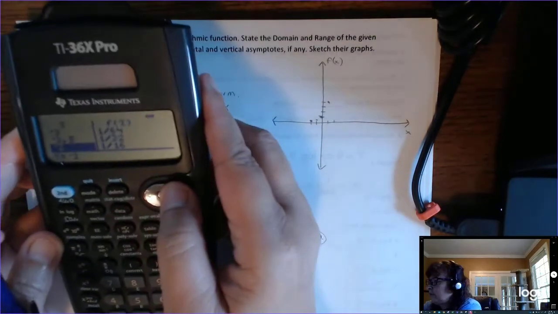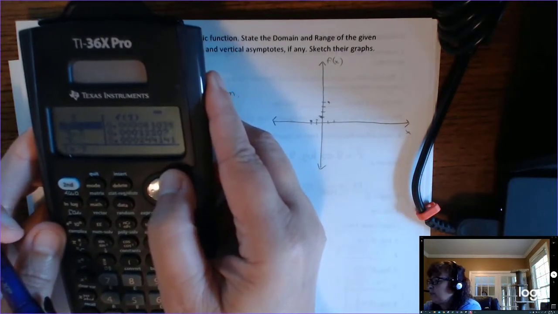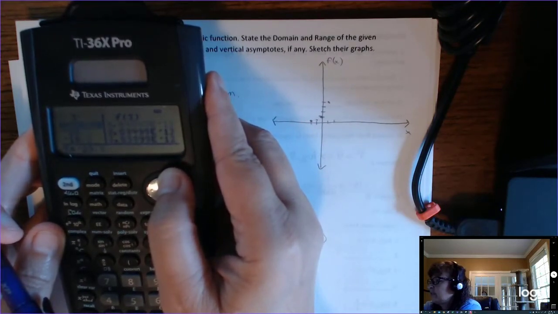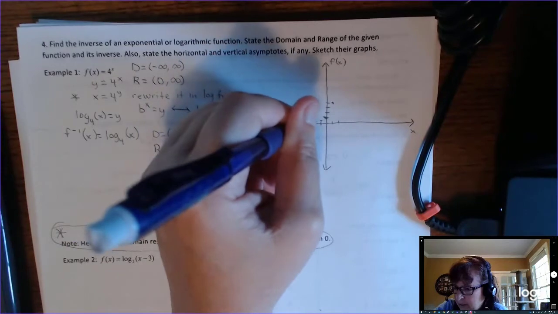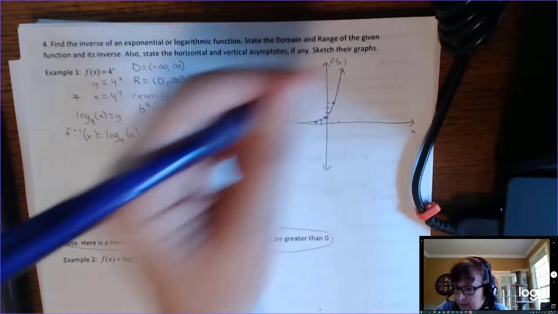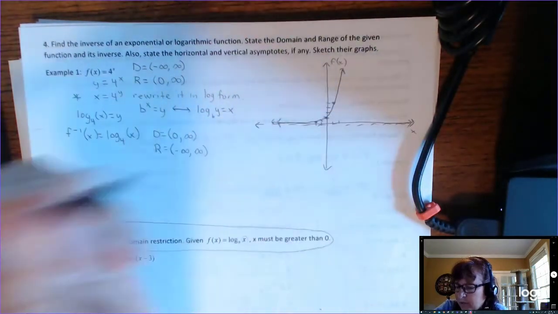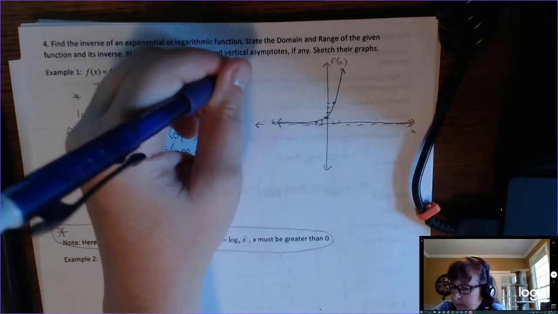Okay, so even though we started at -2, if we keep going up, it'll give you more values. So you can see that as x goes to the left, y gets really, really small. See that? It's heading towards 0. So this exponential function looks like this. It's going to hug this x-axis. That means that there's a horizontal asymptote, if you remember. Exponential functions have horizontal asymptotes of y equals 0.